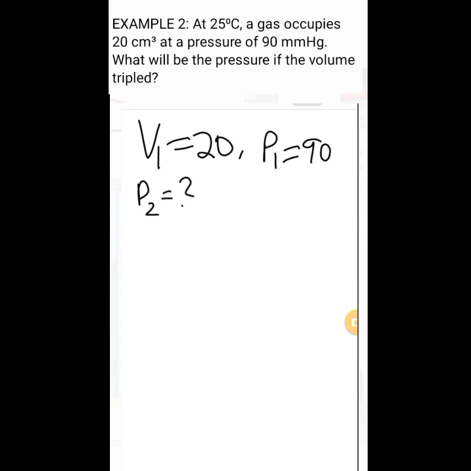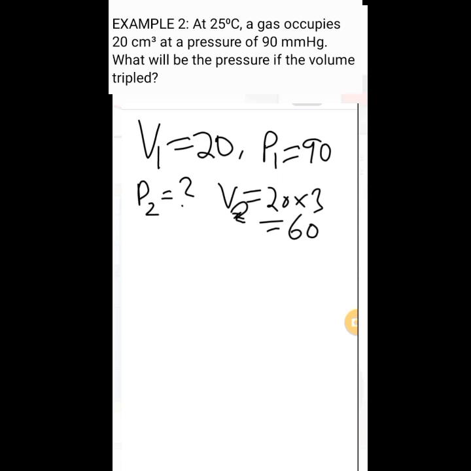And for our V2, we were told that the volume tripled. So V2 will be 20 times 3, which will be 60 cm cube.